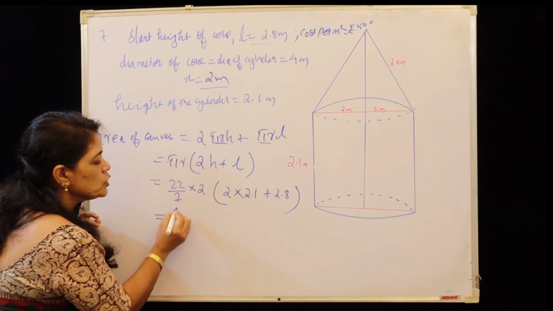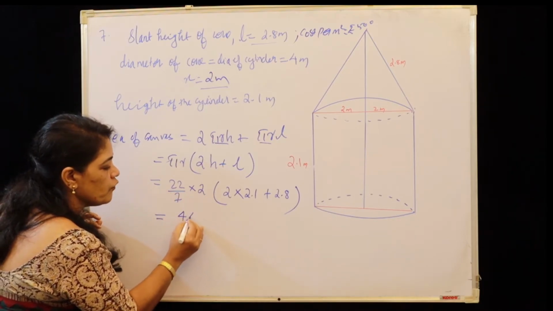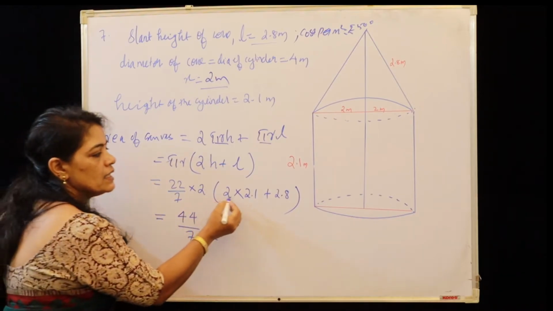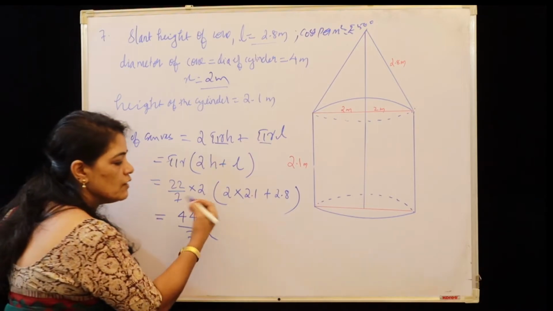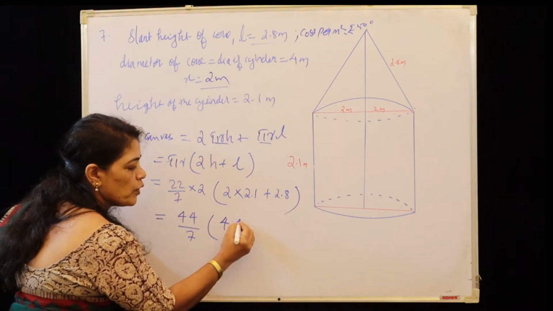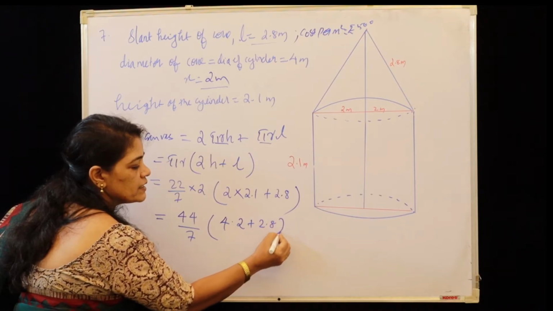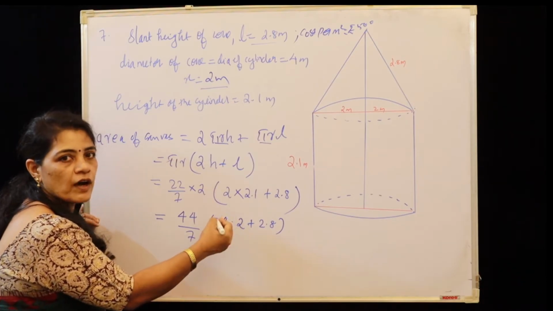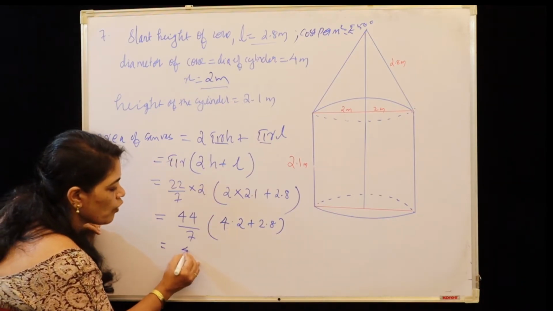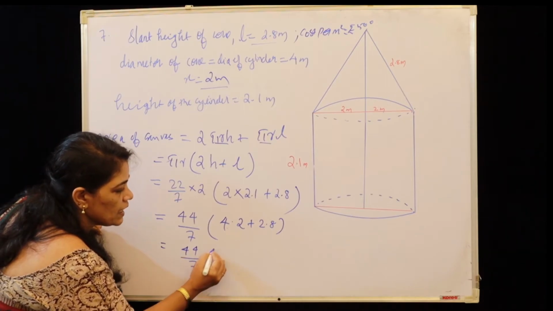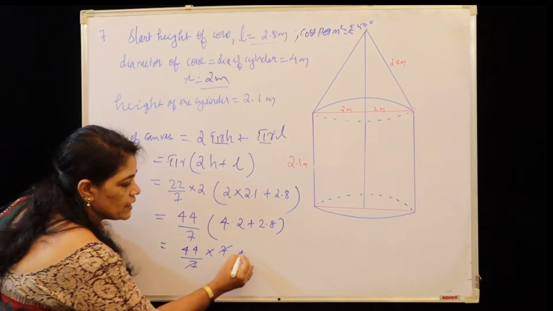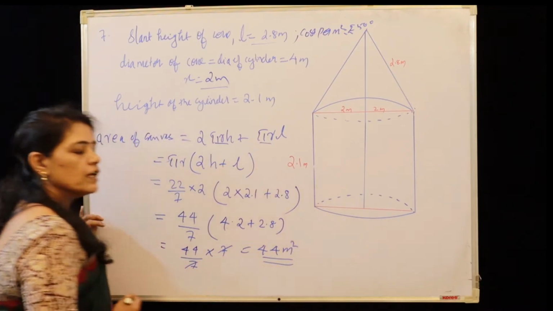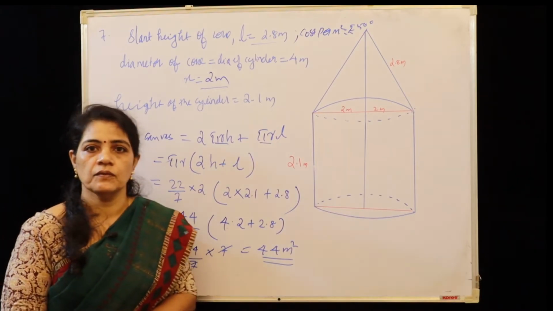So 22 into 2, that is 44 by 7, and in bracket 2 into 2.1, that is 4.2, plus 2.8. 4.2 plus 2.8 will give you 7. That means 44 by 7 into 7. These two 7 get cancelled. So 44 meter square is the area of the canvas needed for making the tent.